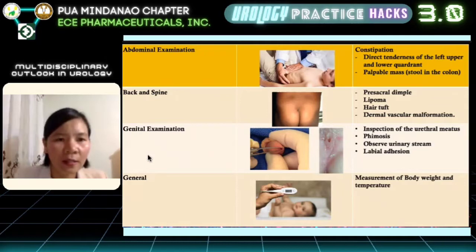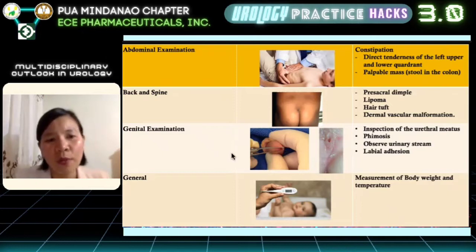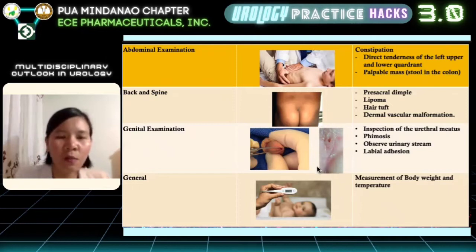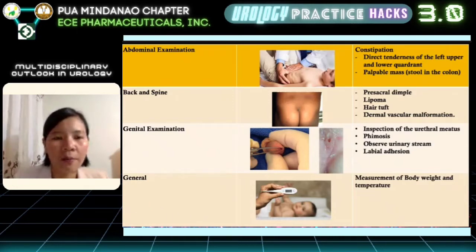For the genitalia, for boys, you have to inspect the urethral meatus. If there's phimosis, you'd want to observe the urinary stream for these patients. For female patients, you'd want to check whether these patients with UTI have labial adhesions. And of course, you have to get the general physical examination of the patient, their body weight and their temperature.